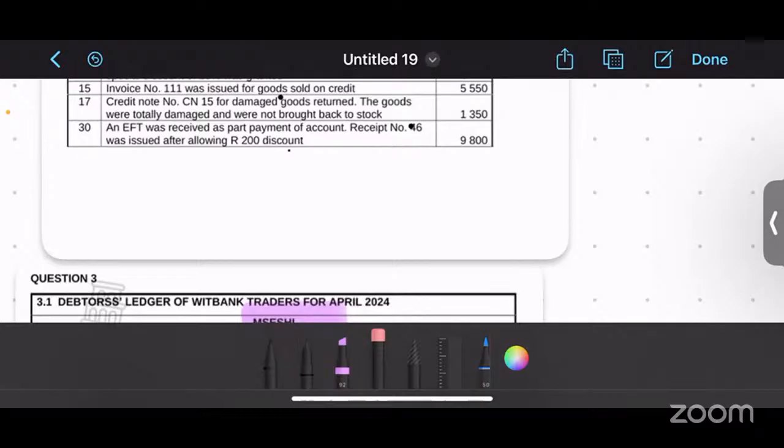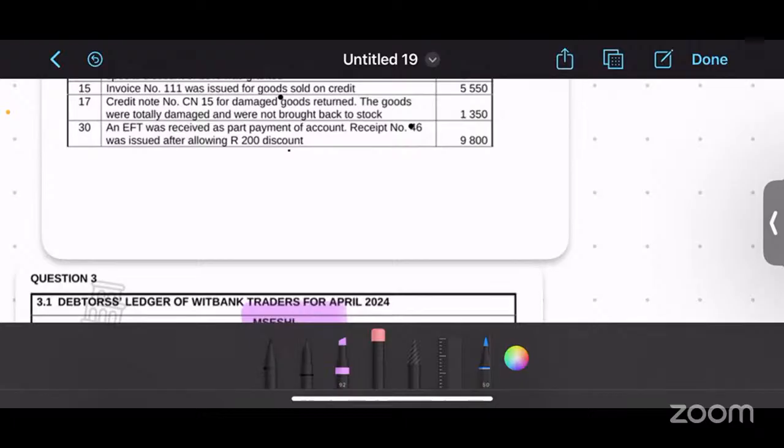So basically what's happening here, they are saying this customer paid 9,800 rand after they were allowed a discount of 200 rand. So that means this customer is technically paying 10,000. It's like this customer came in and wanted to pay 10,000, and the store said, we'll give you a discount of 200.